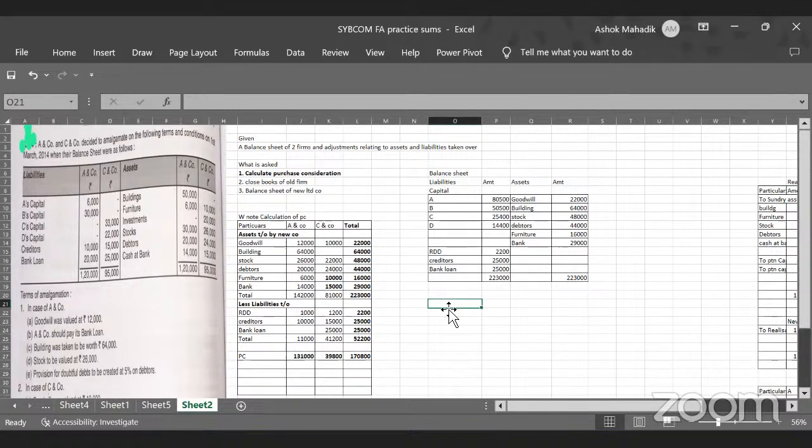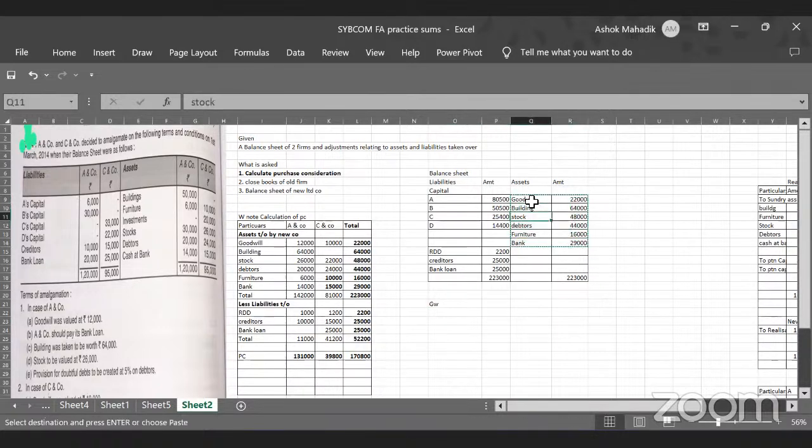In case of conversion, if it is amalgamation and they ask you to write journal entry, then very simple. Whatever we just did for balance sheet, same thing you have to do for journal entry. First, record all the assets like goodwill account debit, building account debit. Likewise, you'll write all the assets and total amount.